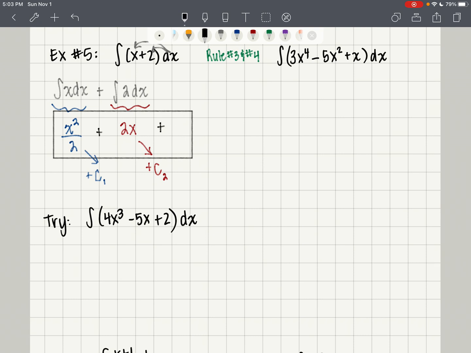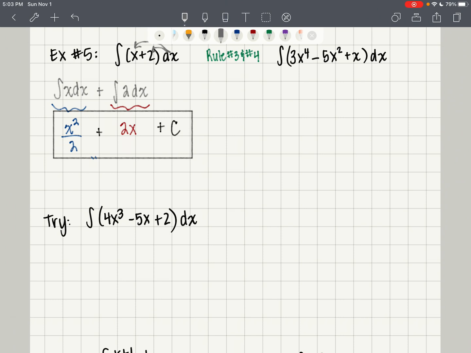We just put all the constants together and call it c. So no need to be taking the indefinite integral and finding the separate constant of each term. We just add the constants together at the end and call it a day, plus c at the end. Okay, let's try the next one.